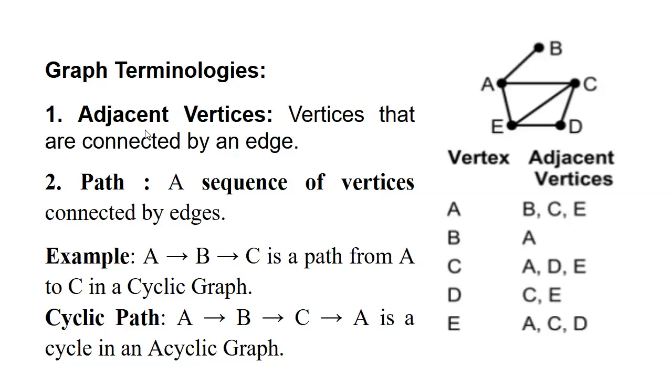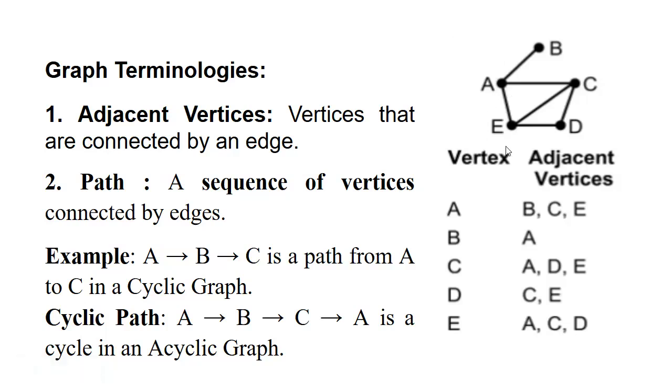The first one, adjacent vertices. It is nothing but the nodes or vertices adjacent to each other or connected by an edge, known as adjacent vertices. So any nodes, more than one node, connected by a single edge, that is known as adjacent vertices. And another terminology is path.